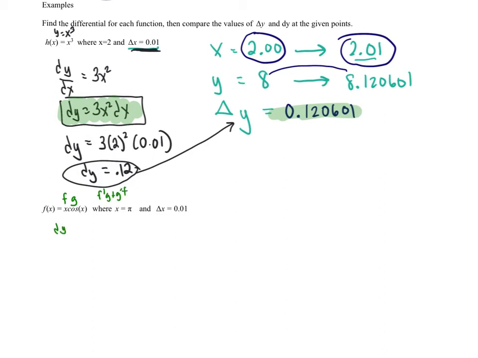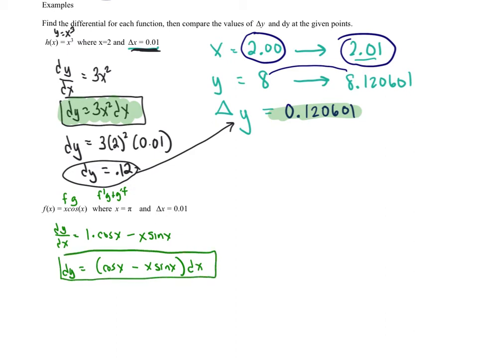So if I find dy/dx for this one, the product rule says this will be 1 times cosine x plus the derivative of cosine, which, remember, is minus sine x, times x. So dy, my differential, is going to be cosine x minus x sine x times dx. So that's my differential.